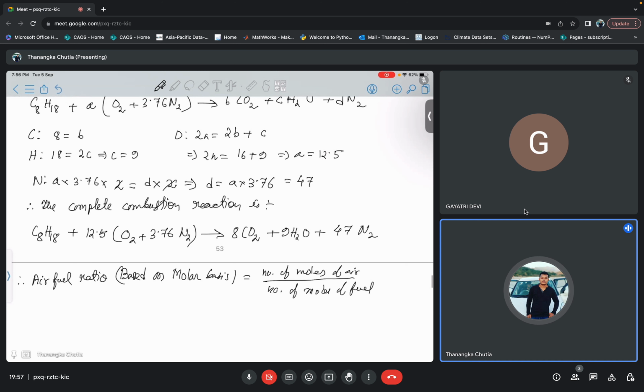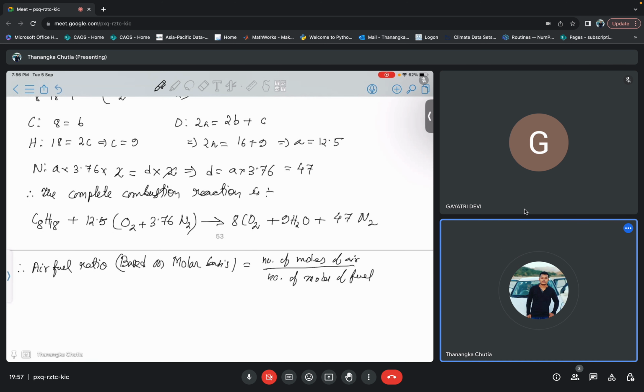The number of moles of air is 12.5 into 1 plus 3.76, and number of moles of fuel, we are taking this as 1. So this you will get as 59.5. This is your air fuel ratio.